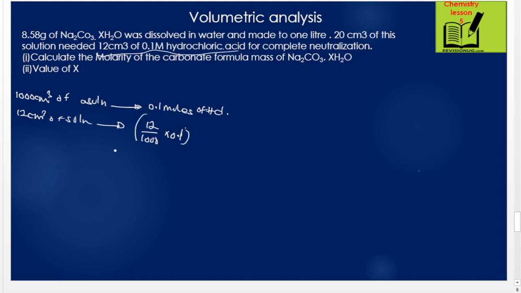So what are we getting here? 12 divided by 1000 gives us that one, then multiply by 0.1. This gives us 0.0012 moles.